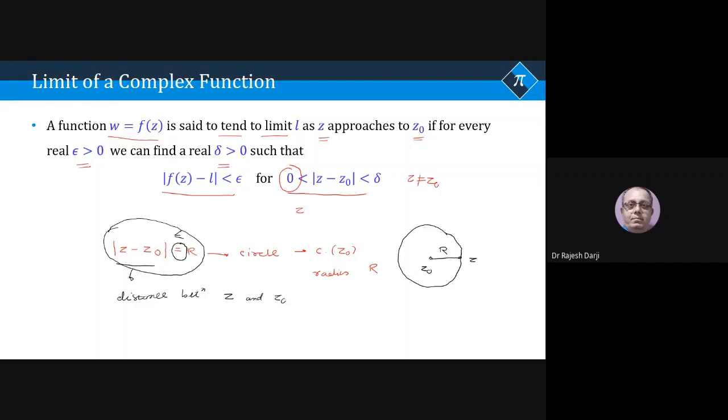So r or less than r means that you are having all these points. Is it or not? All this thing. So now what does it represent? It represents an interior of this circle, including boundary.